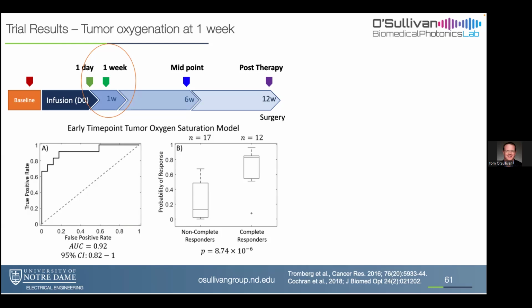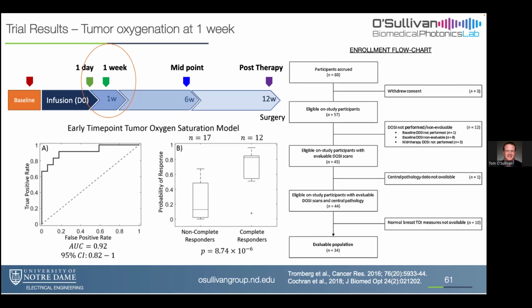What was not exciting was how difficult the technology was to use. So we started with 60 subjects across these 7 institutions, and we were left with 34 that we could use. And the reasons were totally avoidable with good engineering and good technology, right? In some cases, the data was not collected properly. In some cases, the data was noisy.